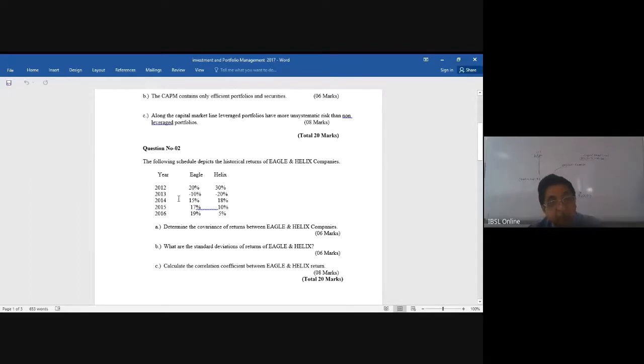You can say 20 plus 15 plus 17 plus 19 and minus 10. 20 plus 15 is 35, 35 plus 17 is 52, 52 plus 19 is 71, 71 minus 10 is 61. 61 divided by 5 is 12.2. So Eagle's mean return is 12.2.